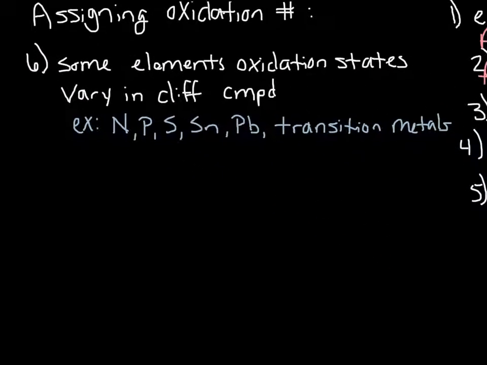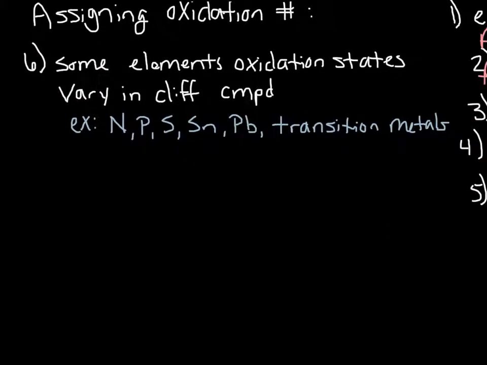The last step: some elements' oxidation states or oxidation numbers will vary in different compounds. It's all based on what they're bound with and what kind of compound it's in. The most common elements that have varying oxidation states are nitrogen, phosphorus, sulfur, tin, lead, and all the transition metals.